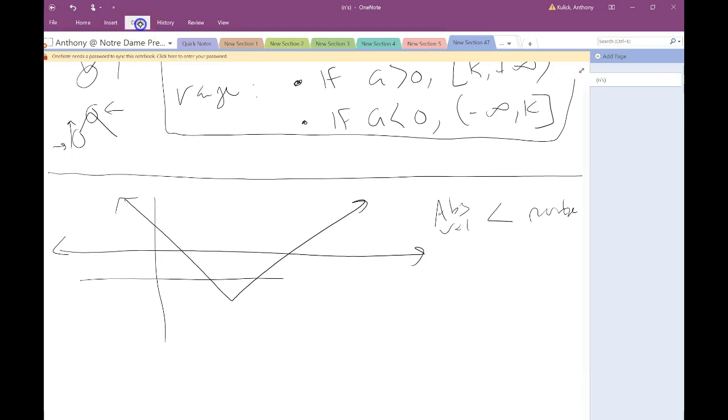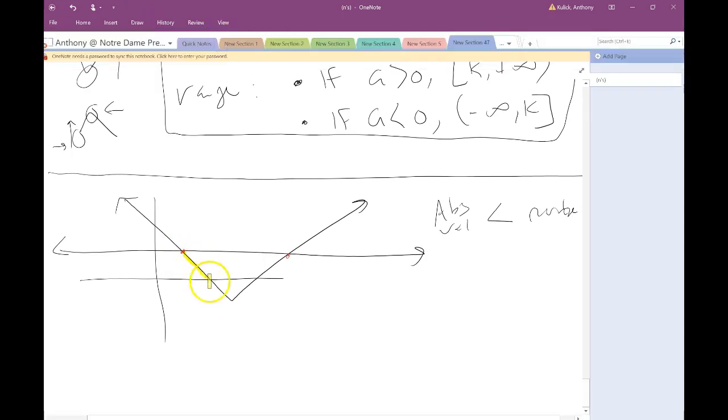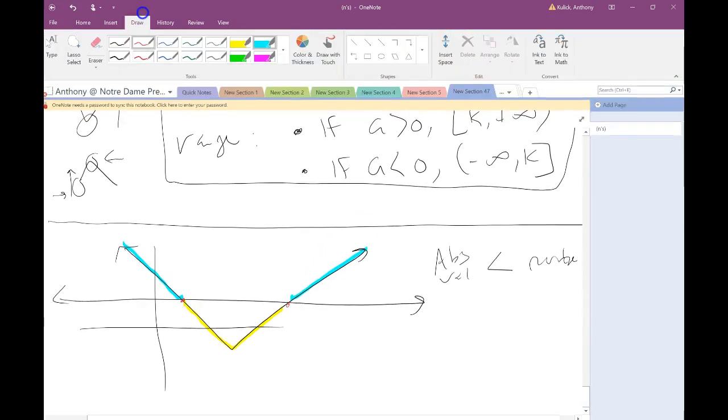So the places that we're going to be concerned with is either the stuff here that's below the line, or maybe the parts of the absolute value that are above the line. Okay with that so far, Claudia?